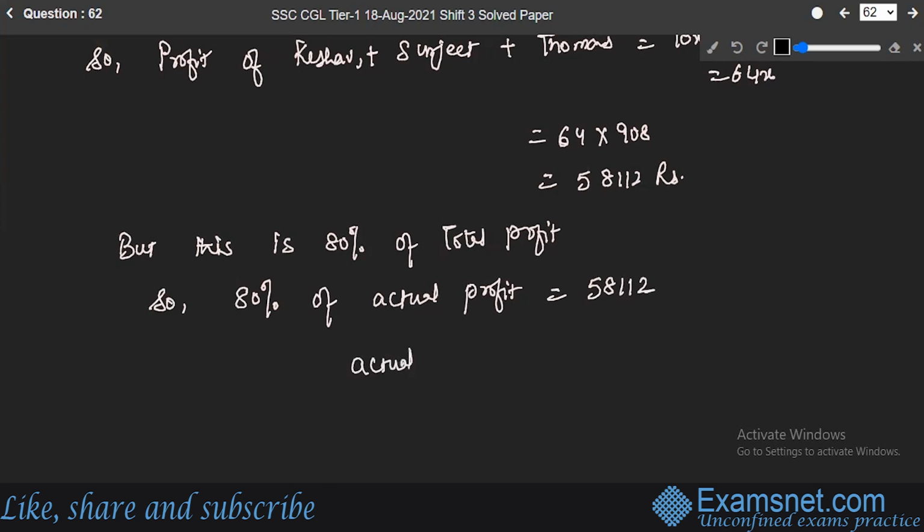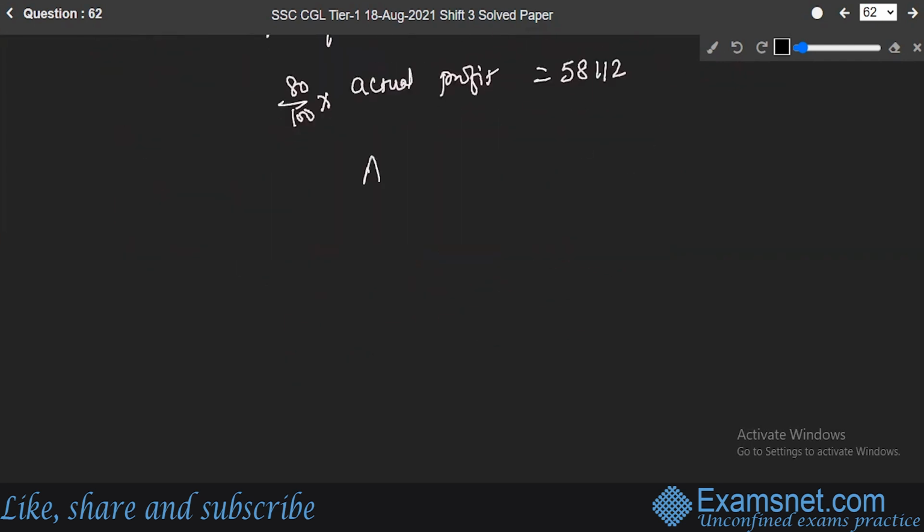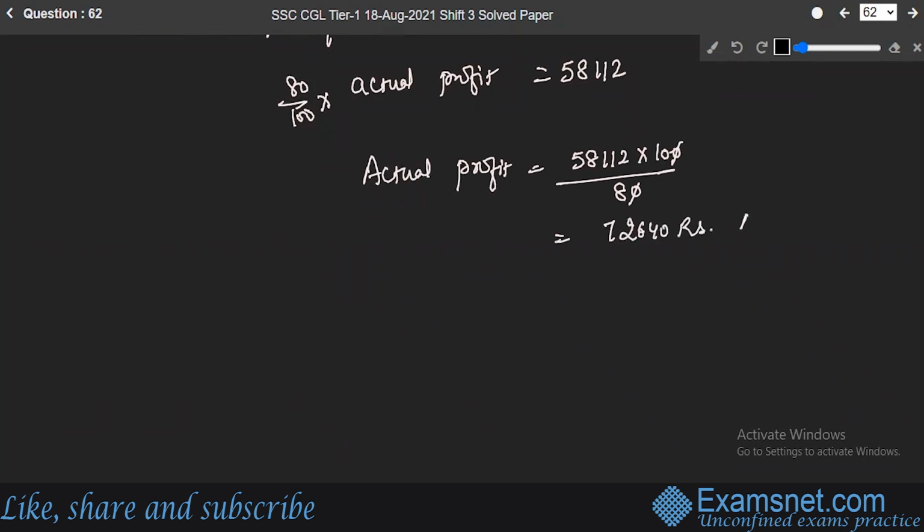That is, 80 upon 100 into actual profit is 58112 rupees. So from here you will have actual profit is 58112 into 100 upon 80, which on doing the whole calculation, you will get 72640 rupees as your answer.